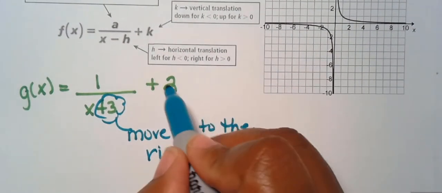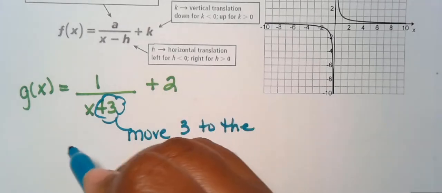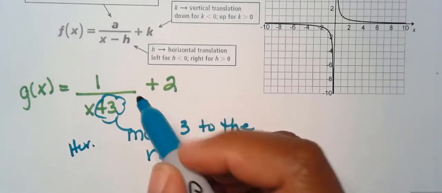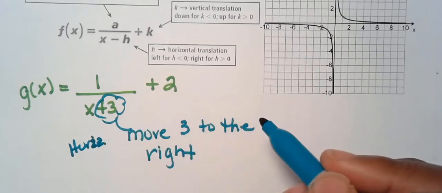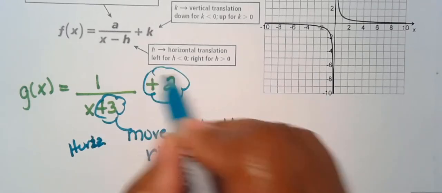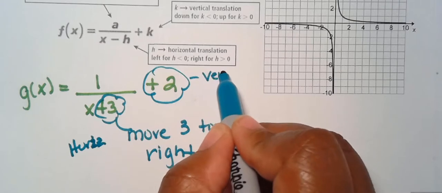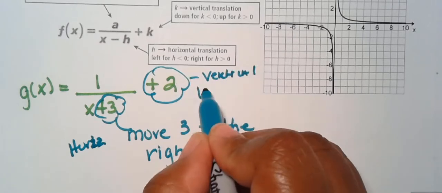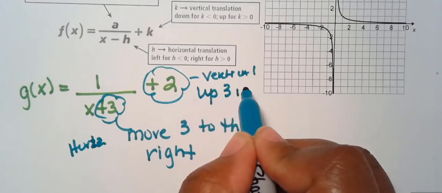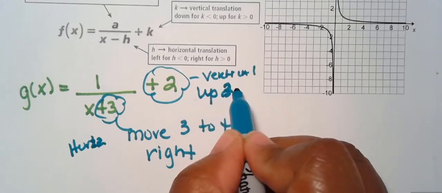And then this has a horizontal translation. And then plus 2, we have a vertical shift. And because it's positive, we're going to go up, not 3, but 2 units.